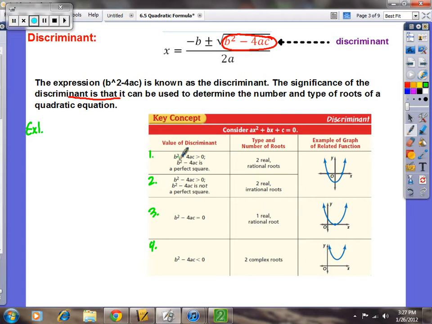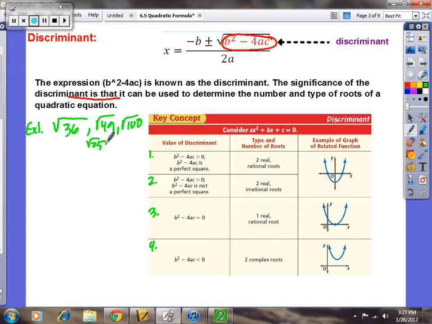Okay, the value of the discriminant, b squared minus 4ac, is greater than 0. So that means what's under the square root has got to be positive. It's like the square root of 36, square root of 49, square root of 100, square root of 25.